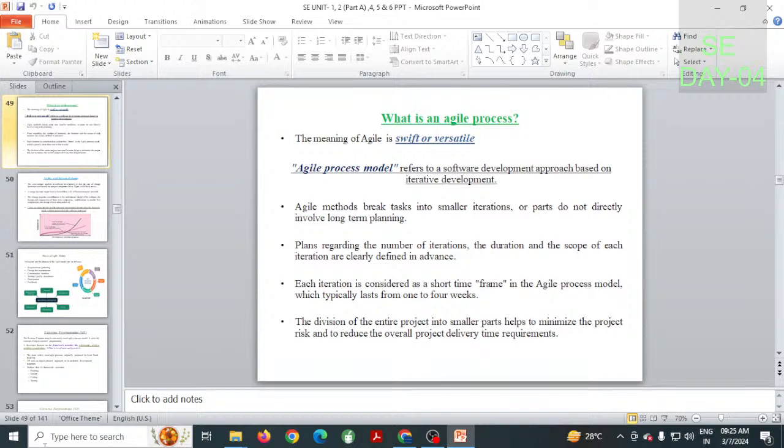Are you getting? Now, whenever we divide the entire project into smaller parts, these parts especially help in minimizing the project risk and also reducing the overall project delivery time requirements.